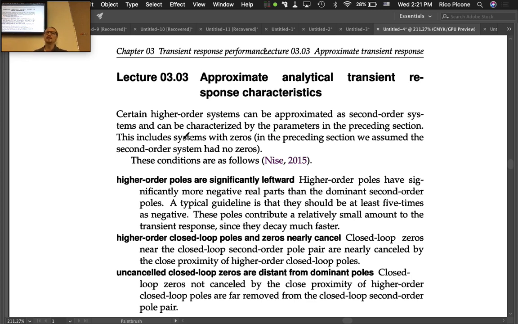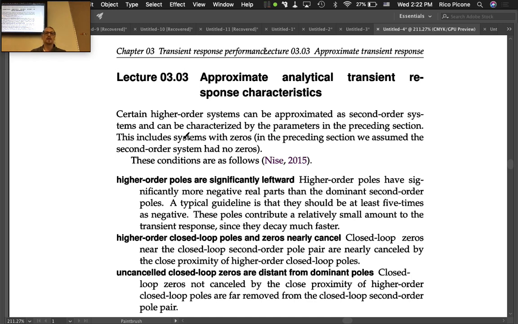So that's what we're going to talk about in this lecture: certain higher order systems can be approximated as second order systems and can be characterized by the parameters in the preceding section. We can still relate the percent overshoot to the damping ratio, for instance, even though it's a third order system, say, or a 10th order system. This includes systems with zeros.